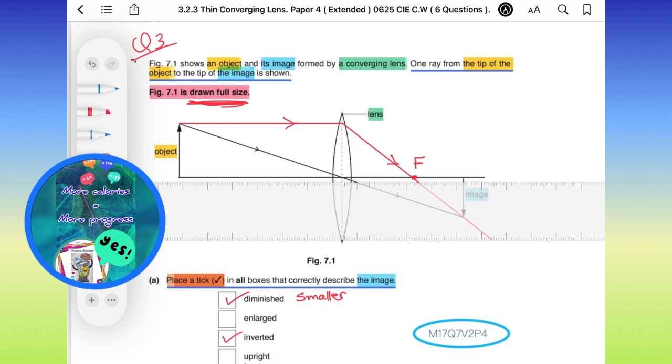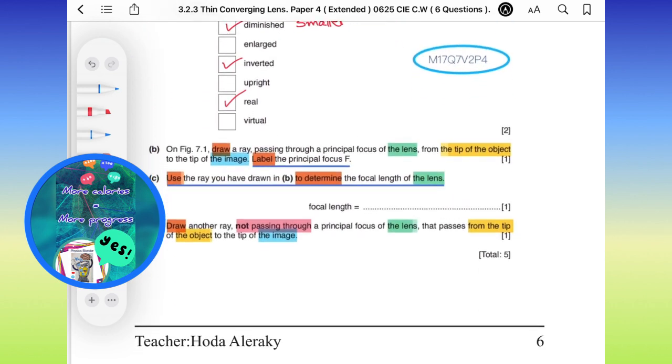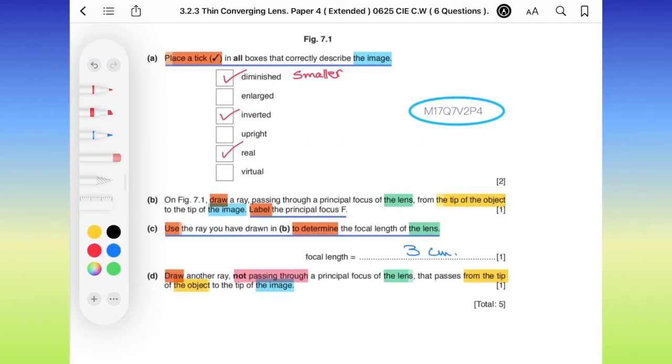So here you have the optical center of the lens and you can measure it. So it will be 1, 2, 3 centimeters.